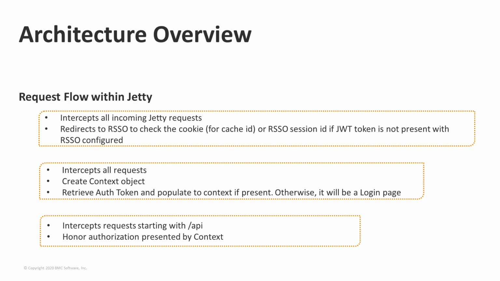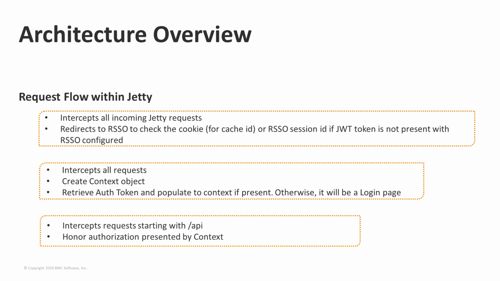In Jetty, when the request comes in, it will first check if there is any JWT token, which is called a JSON web token. That token is important to know whether this request is from an already authenticated user or whether it needs to be authenticated.